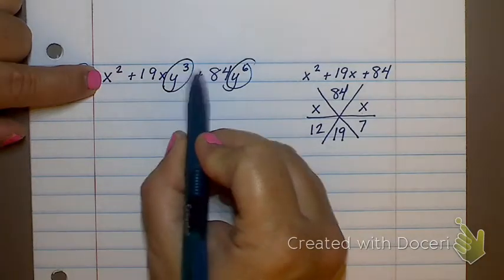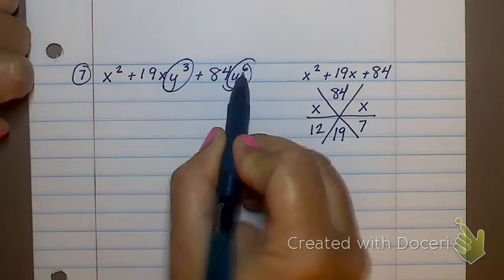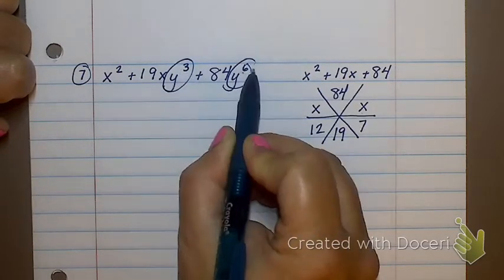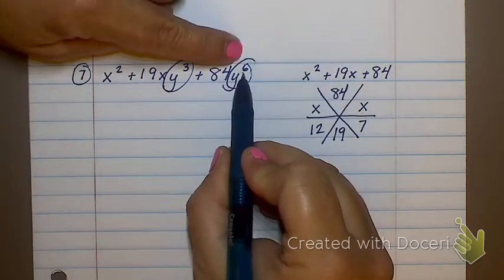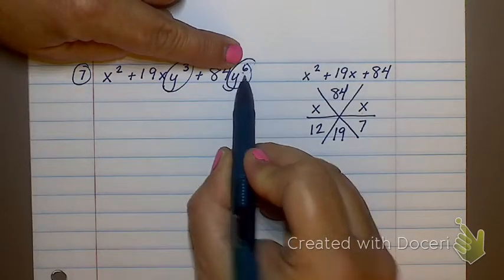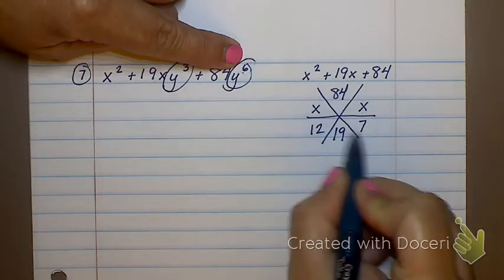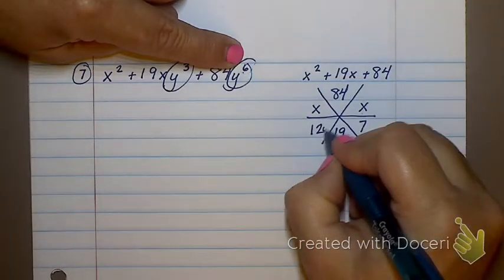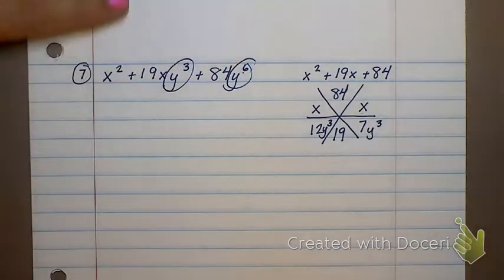Whenever we have this pattern of this exponent being twice this one, so if it was like 8 and 4, 4 and 2, 12 and 6, we're going to take this y and split it up. We're going to put half of the y's with the 12 and half of them with the 7. So I have y to the 6th. I'm going to put y to the 3rd here and y to the 3rd there.